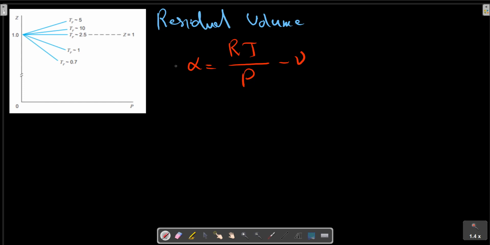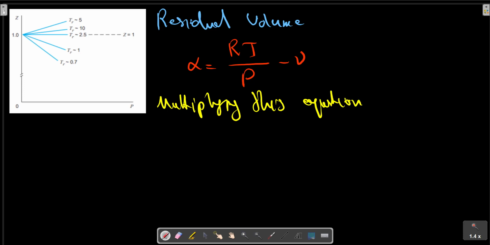Multiplying this equation by P, alpha P equals RT minus PV.